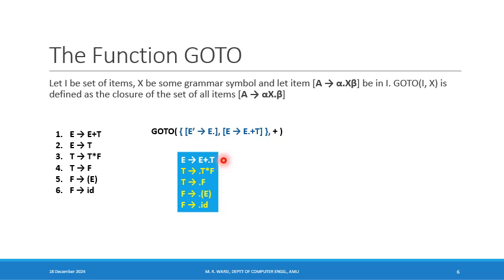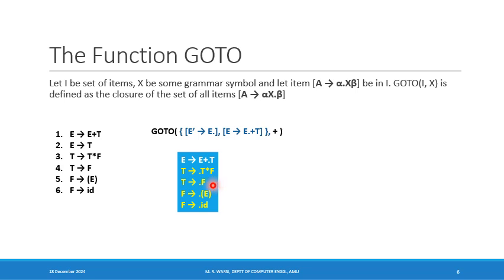Immediately after the dot I have the variable capital T, so I add LR0 item corresponding to the production of the variable capital T. I have these two production from the variable capital T, so I add these two LR0 item to the goTo. Capital T derives dot T star F, and capital T derives dot F.